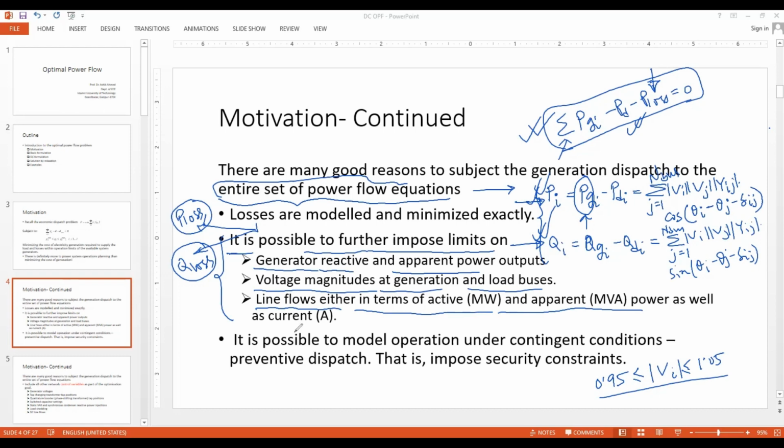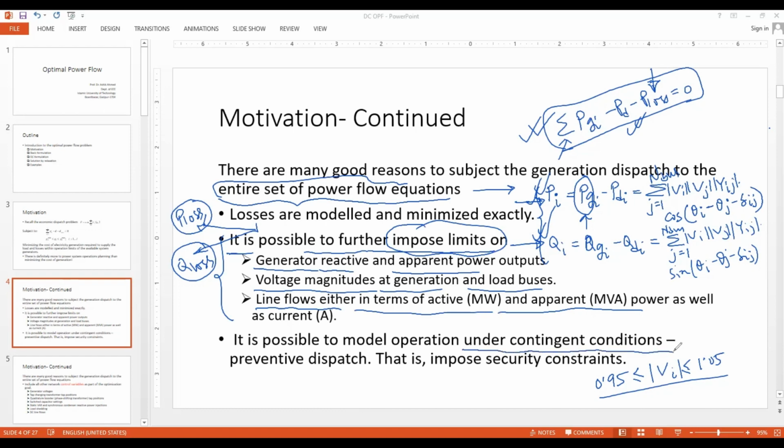So we may also want to include those limits into our solution. And besides all these additional limits, as a power system planner, we may also want to look at the situation when the network is under some sort of contingency.